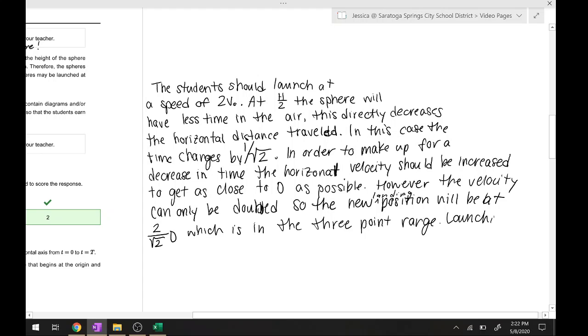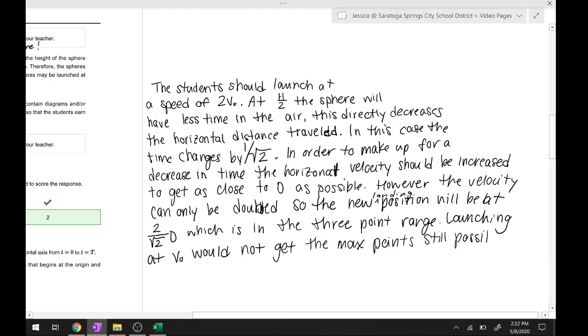Launching at V0 would not get the maximum points still possible. So I talk about why I want to launch at 2V in terms of variables, and I also talk about how launching at V is not going to get me the maximum amount of points.